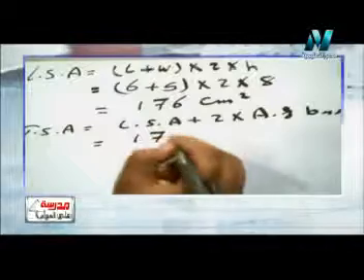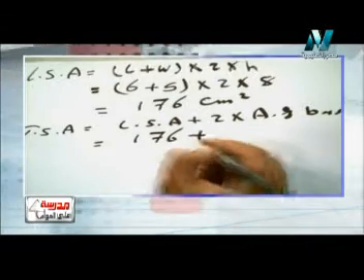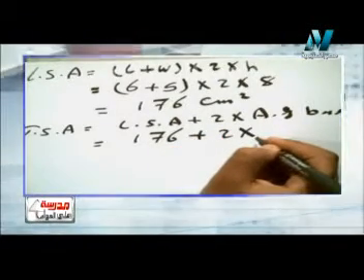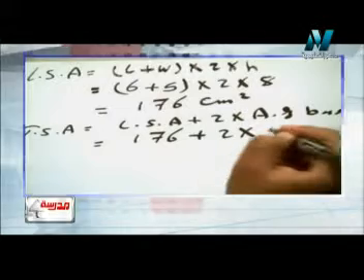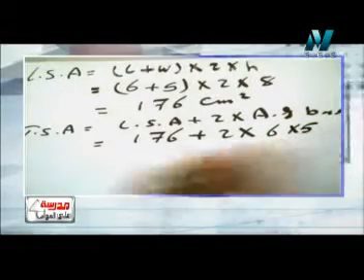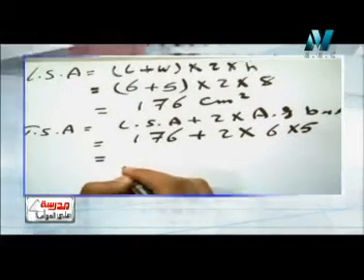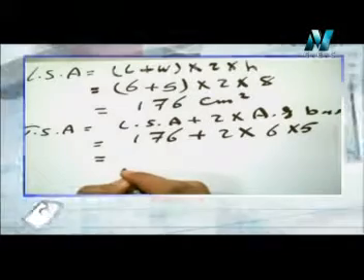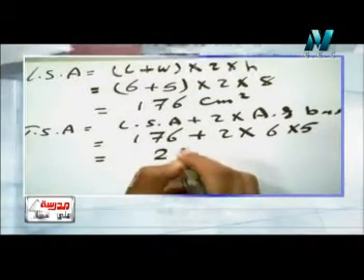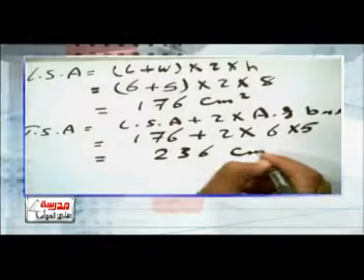The lateral surface area we found is 176, plus 2 times area of base, length by width, like 6 by 5. We can use the calculator to find the result: 236 centimeter square.